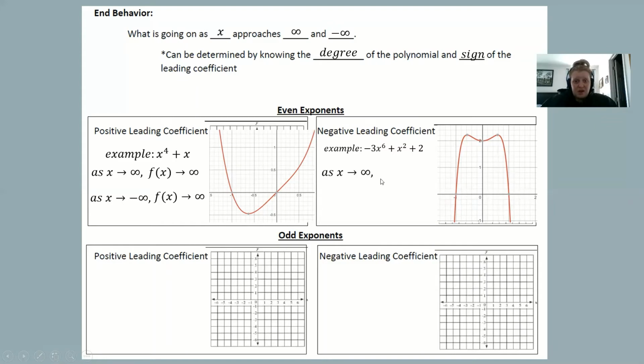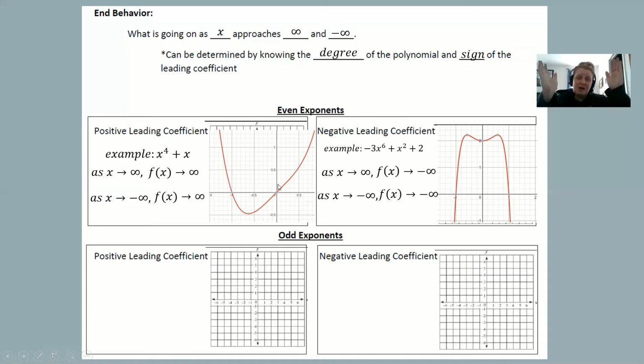So on the right and the left side, it looks like it's going down. On the right side, the arrow is pointing down, which is towards negative infinity. And on the left side, the arrow is also pointing down. So it has the same end behavior on each side of the graph because it's symmetric.